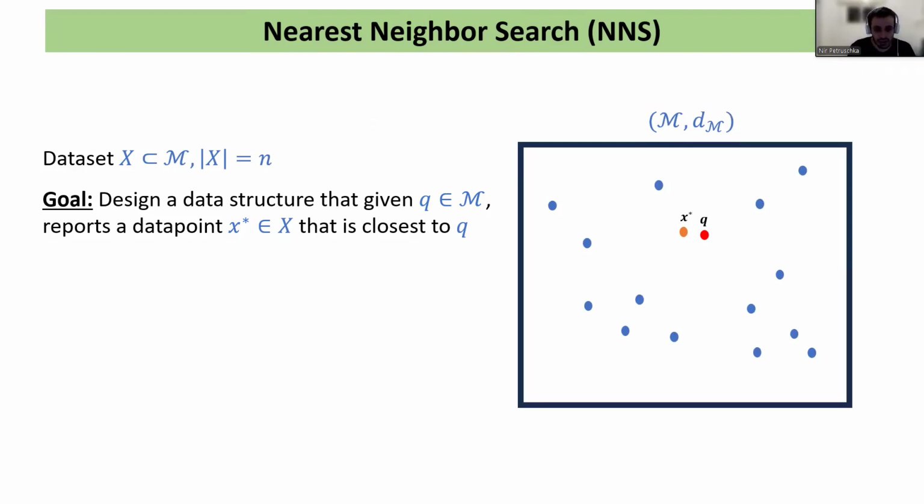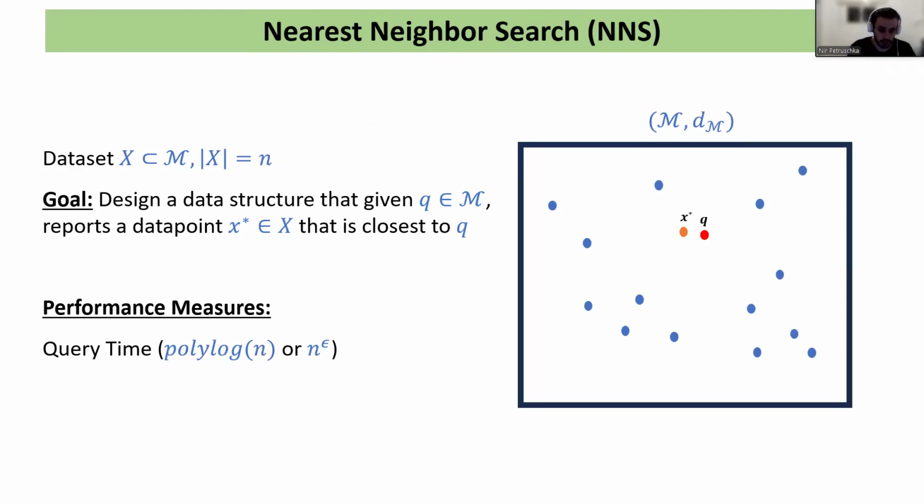For such a data structure, the performance measures are usually the query time, so how fast can we answer queries, and usually the best that we can hope for is something which is polylogarithmic in the number of points. And the space or preprocessing time, where we usually aim for something which is close to linear, so maybe n^(1+epsilon) or a small polynomial.